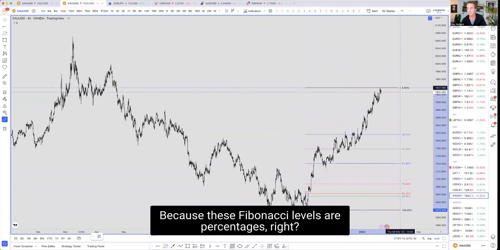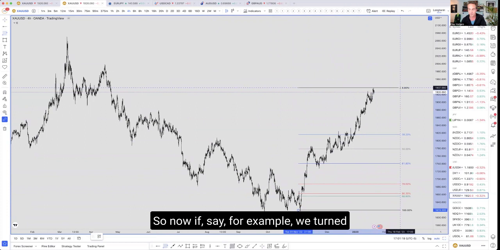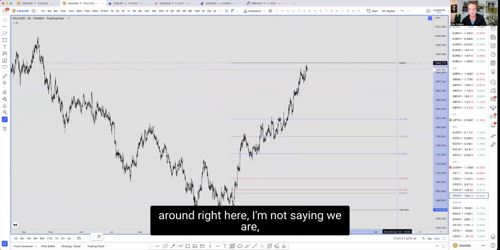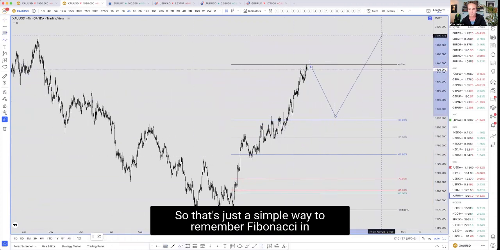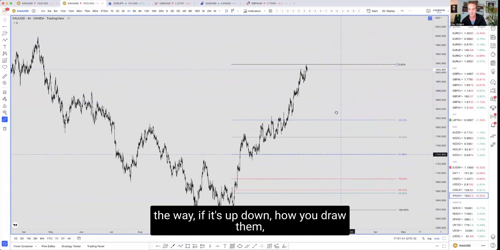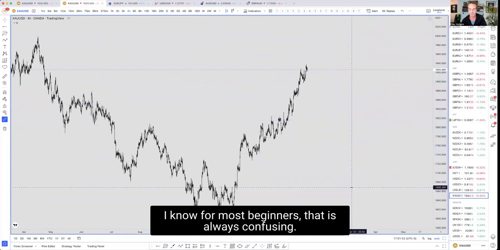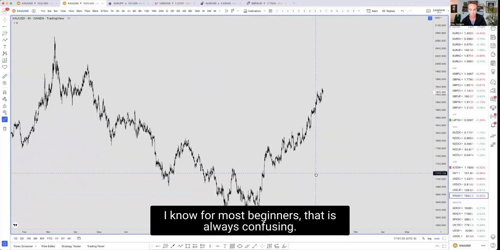Because these Fibonacci levels are percentages. So if, for example, we turn around right here, I'm not saying we are, but that would measure this move. That's just a simple way to remember how you draw Fibonacci's, up or down. I know for most beginners, that is always confusing.